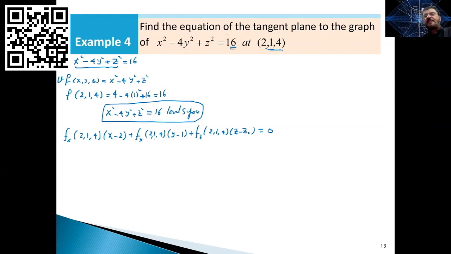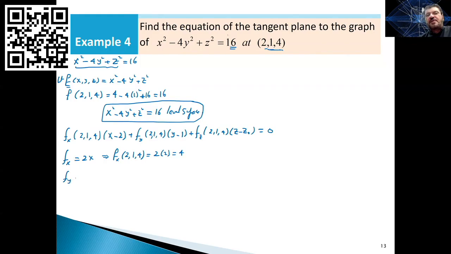Alrighty, so this is what we have. What's fx, by the way? If this is your f, what's fx? We know it's 2x only. So this implies that fx at (2, 1, 4) is equal to what? Put x equal to 2 here, you get 2 times 2, and this is the only thing we have, and this is equal to 4.